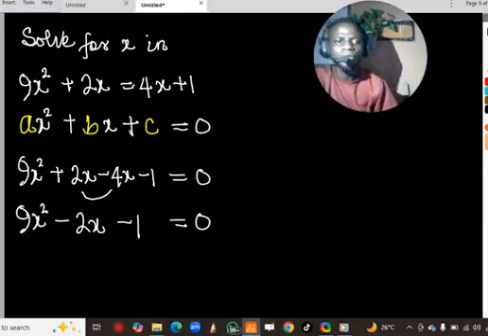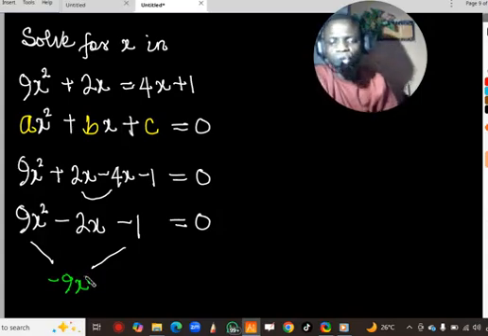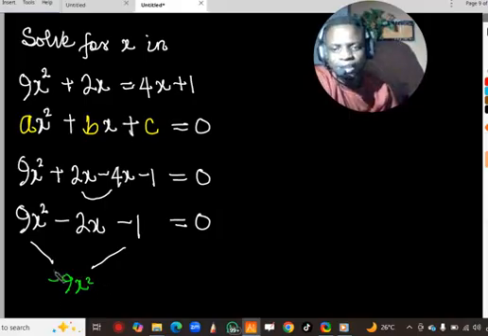To try the factor method, we have to multiply the first term by the last term. 9x squared times negative 1 will give us negative 9x squared. The next thing we do now is to look for the factors of minus 9x squared which, when added, must give us the middle term, which is minus 2x.